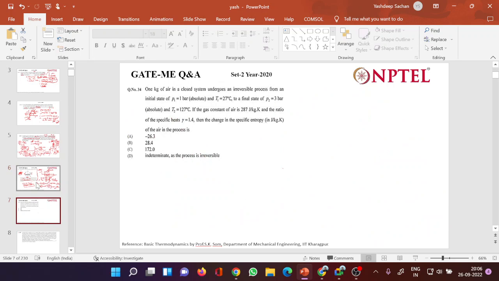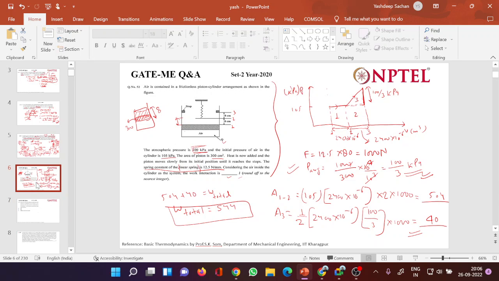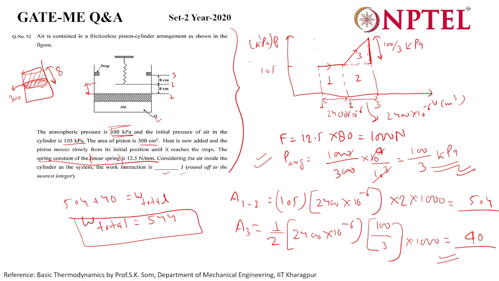Sir, if there is a pressure difference, then why is the pressure constant from 1 to 2? Why does it not equal atmospheric pressure? Which pressure is expanding this piston? Not atmospheric. Internally here it is 105 kPa.